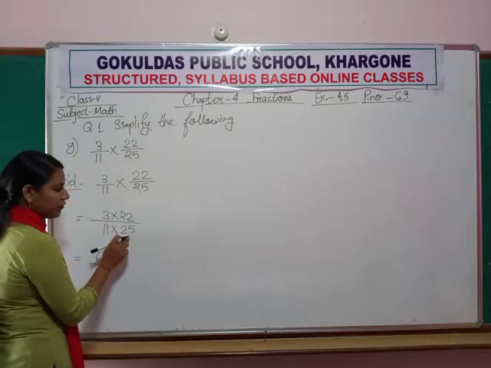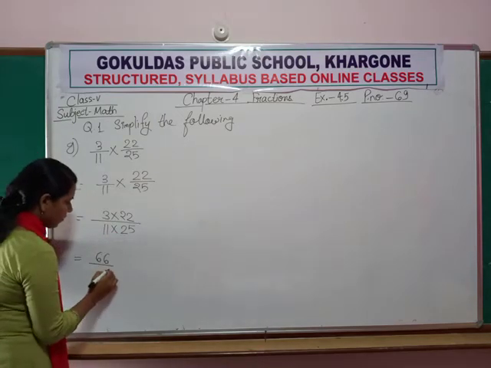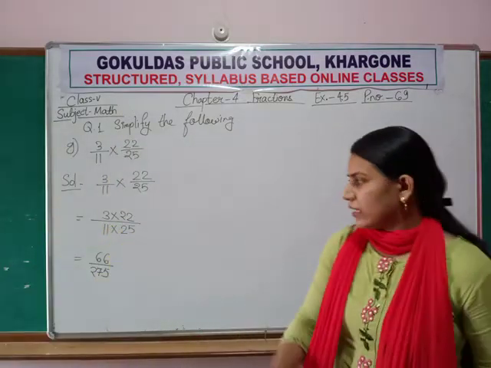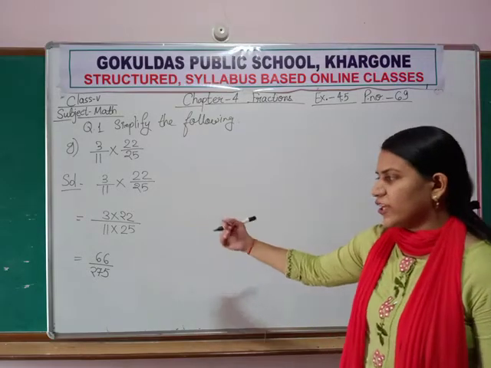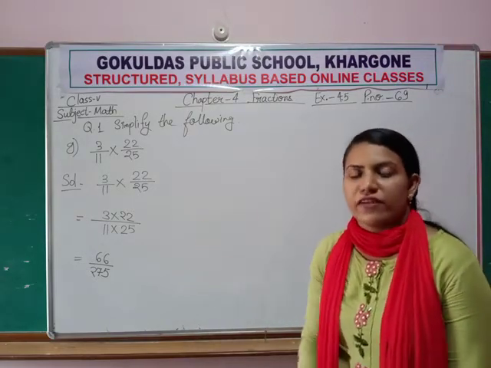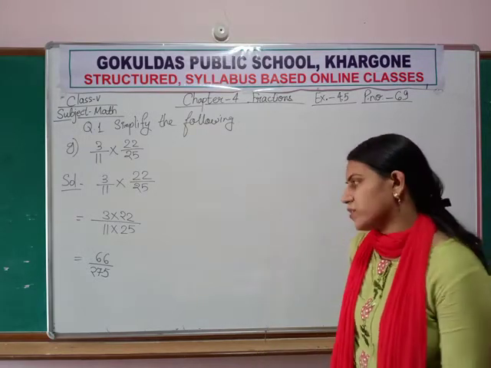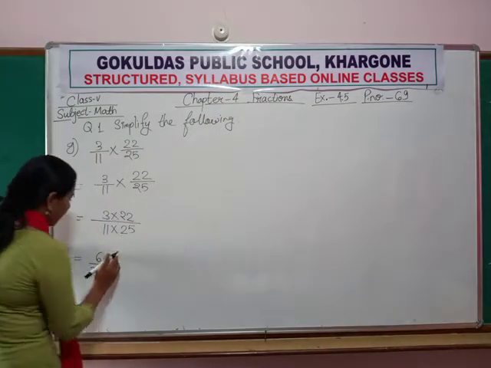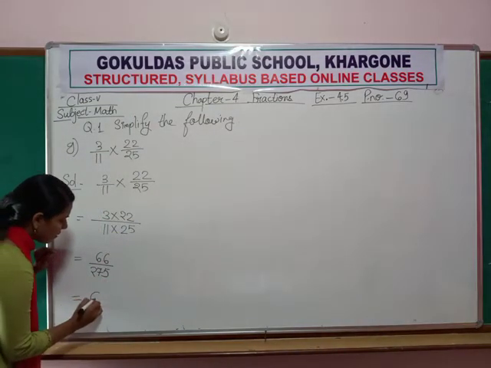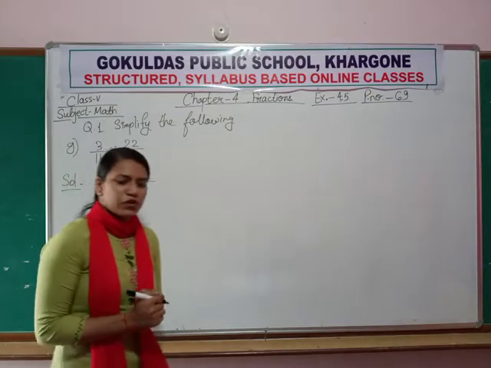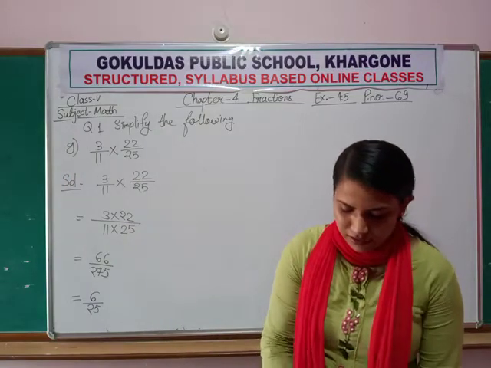When we multiply 11 with 25, our result is 275. Now, can we reduce 66 upon 275 to its lowest form? Yes, we can reduce. And when we reduce this, our result is 6 upon 25. 6 upon 25 is our result.